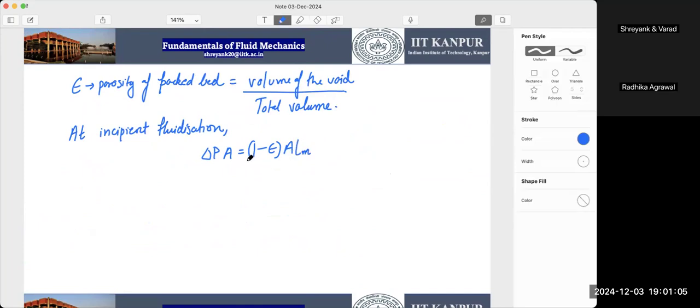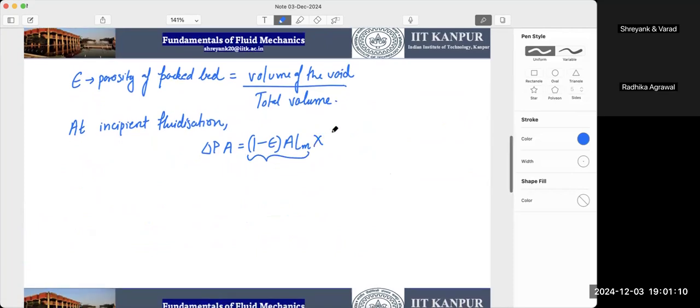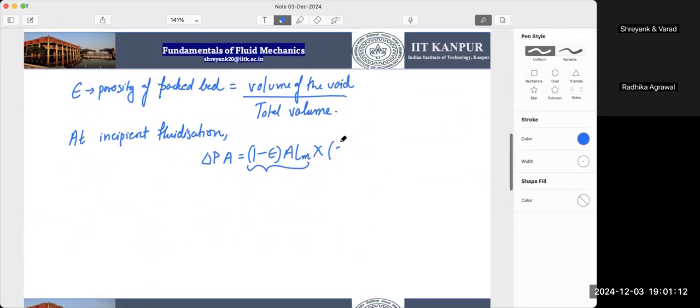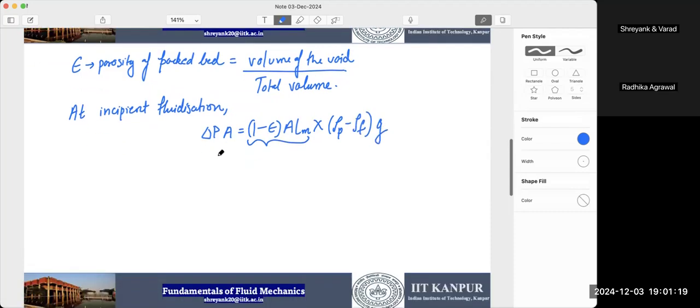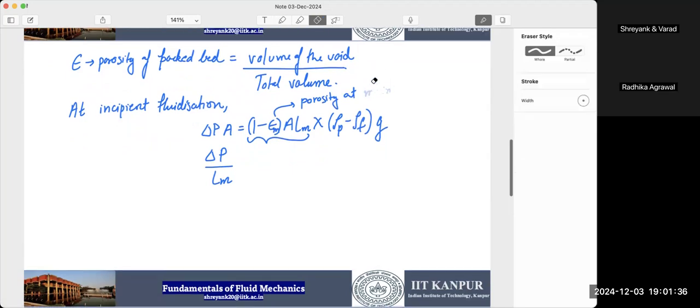So this is the total volume of the particles into the density difference, that is rho particle minus rho F into g. So delta P by Lm, and this is epsilon m, the porosity at incipient fluidization.